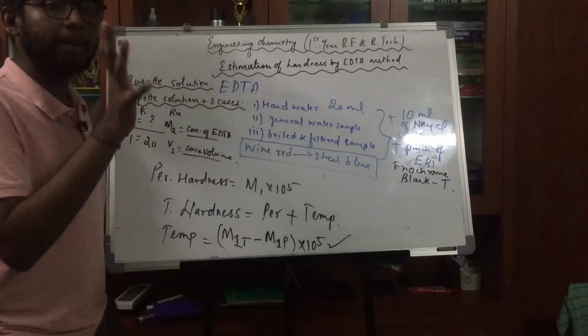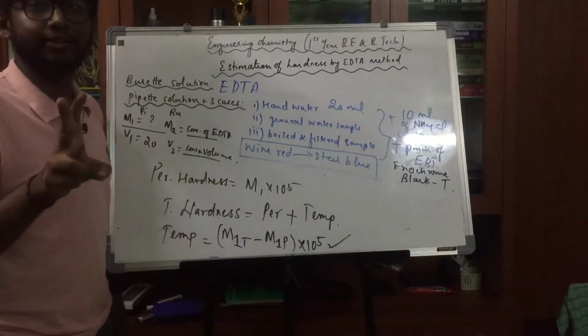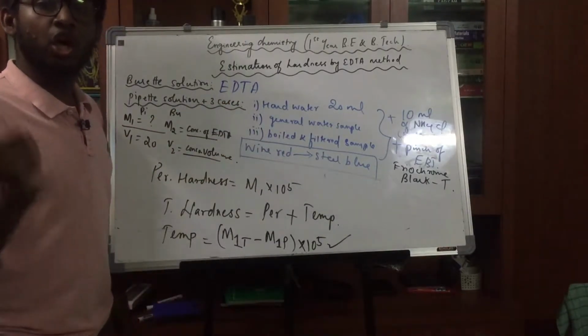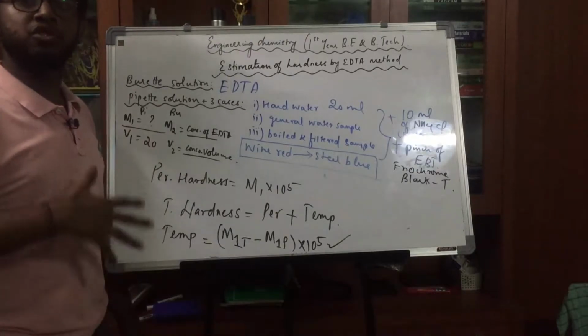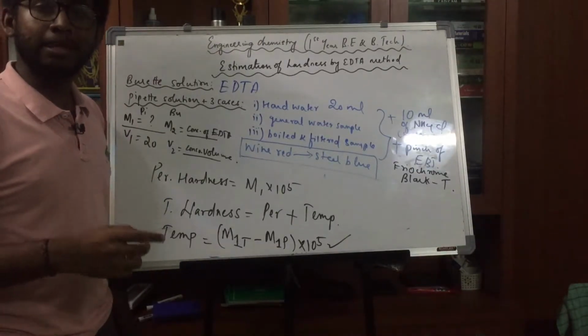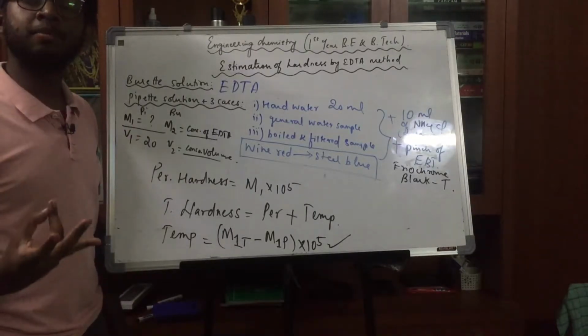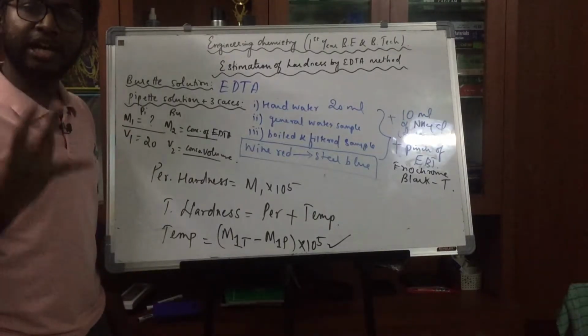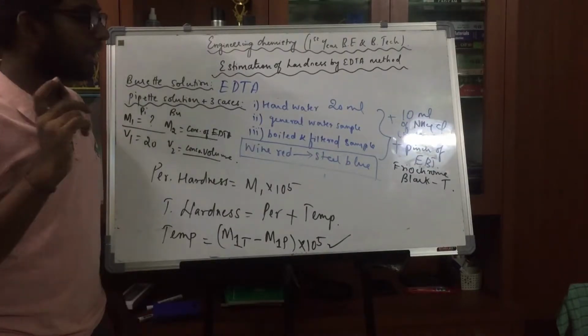That is the pipette solution for the second titration. For the third titration, your pipette solution will have salts which are responsible just for permanent hardness. That means magnesium chloride, calcium chloride, magnesium sulfate, calcium sulfate, and so on.